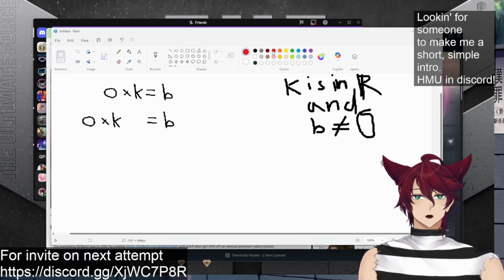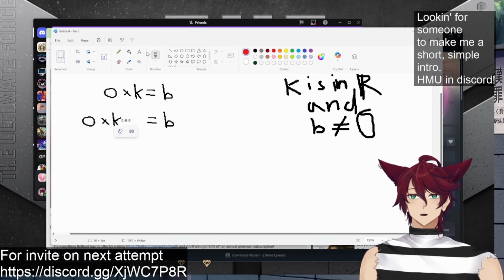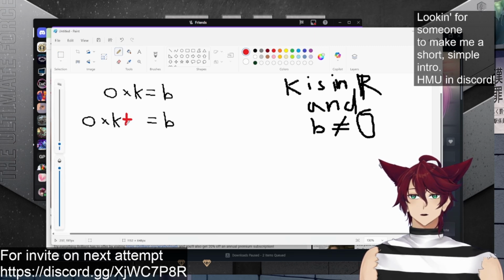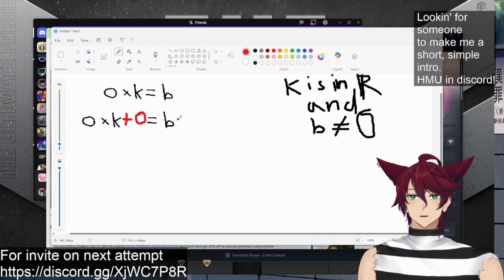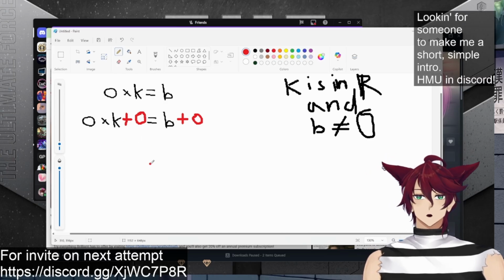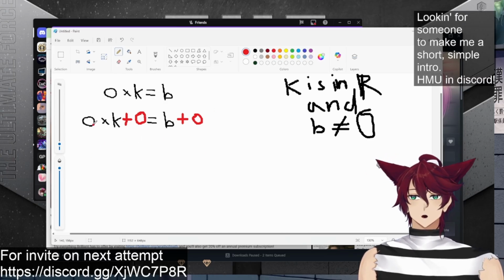All right. And we're going to add 0 to both sides. Okay. So they should still be equal. We haven't done anything to one side that we didn't also do to the other side, so we should be good.